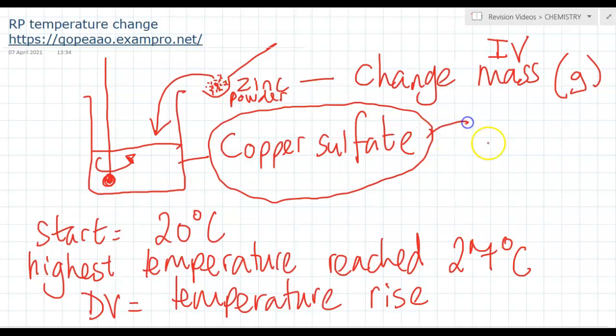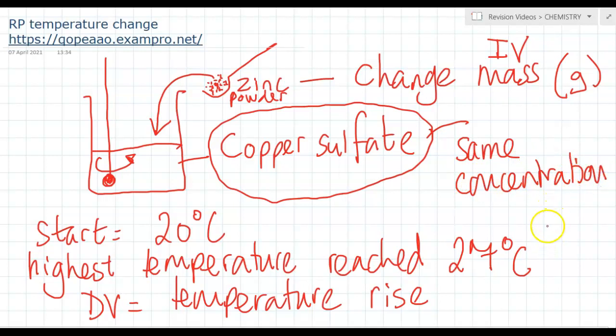And the copper sulfate itself needs to be the same concentration every time, so that there's the same amount of copper sulfate to react with in each of my experiments. I'm probably going to make sure it starts at the same temperature every time as well. So remember, we call those variables that we keep the same control variables.